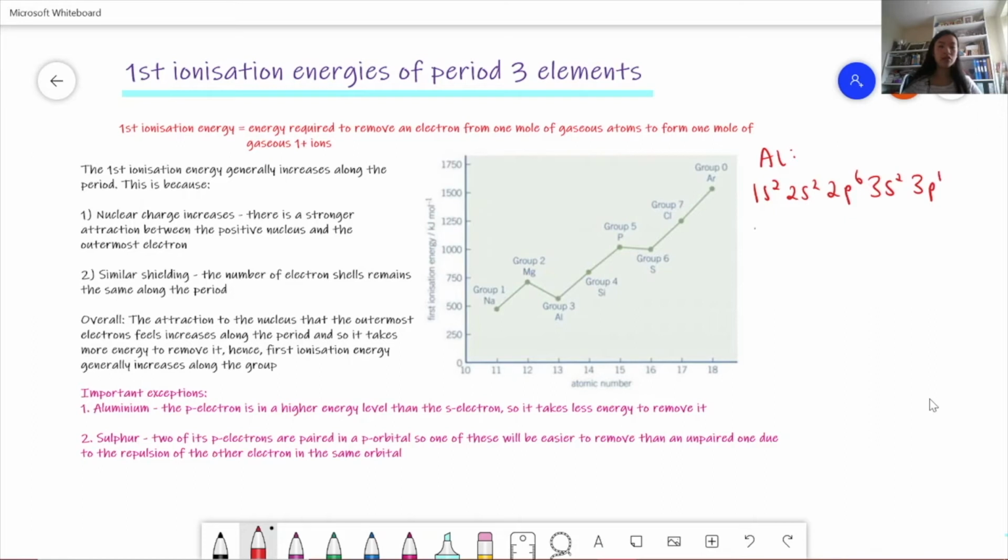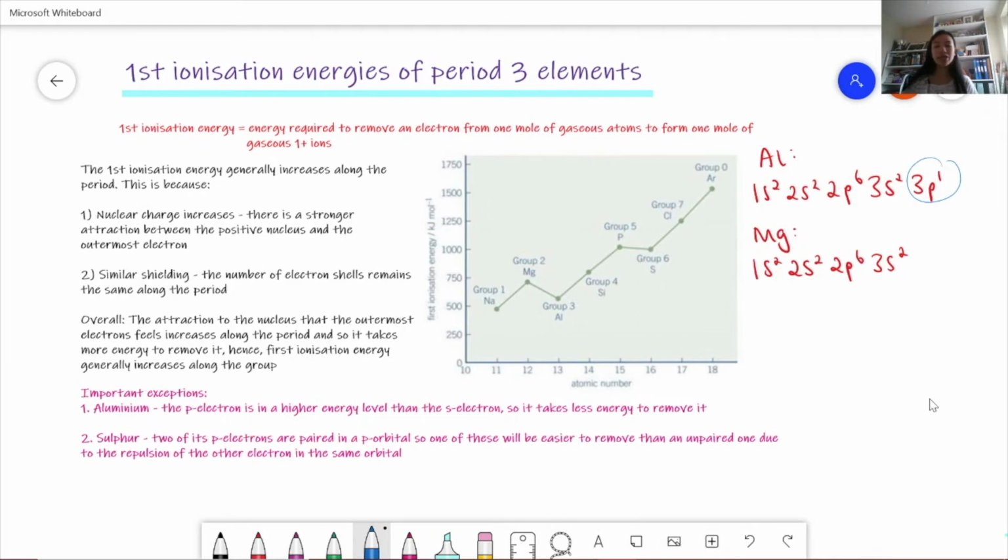And then the electron configuration for magnesium is 1s2, 2s2, 2p6, and 3s2. And so we see that the electron in the 3p1 is in a higher energy level compared to the electrons in the 3s. And so it takes a lot less energy to remove that electron. And so the first ionization energy of aluminium will be lower than for magnesium.